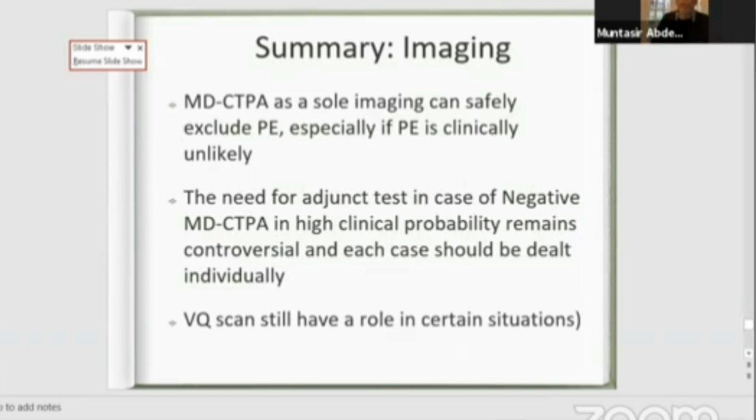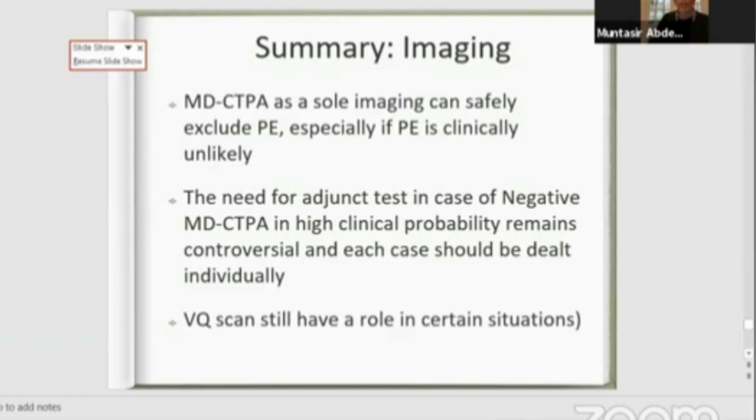VQ scan still has its uses in certain situations, especially if the patient has poor renal function or contrast allergy, and especially in young women with a normal chest X-ray, where you want to avoid more radiation to the breast.